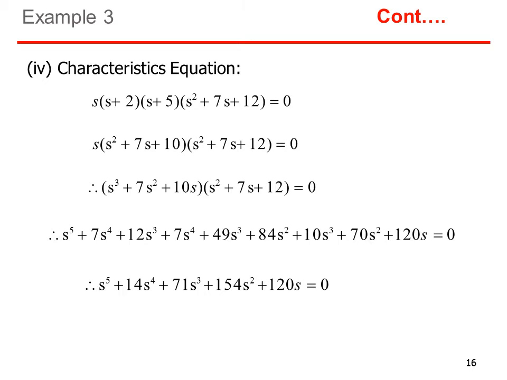Then finally we will get s raised to 5 plus 14s raised to 4 plus 71s raised to 3 plus 154s square plus 120s is equal to 0. So this is our characteristic equation.